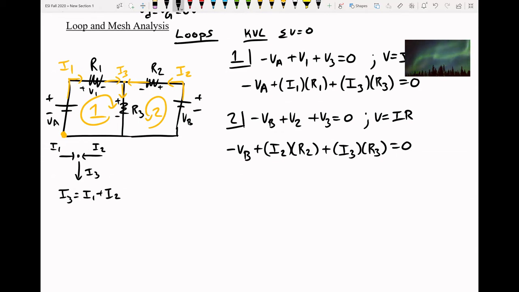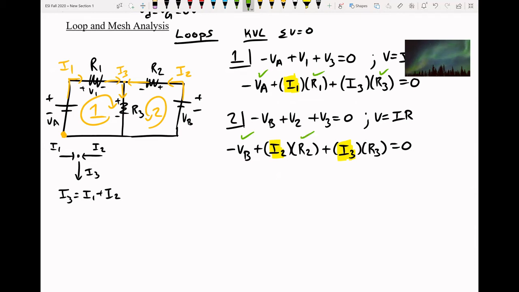All right, and we'll notice here that we have I1, I2, and I3. Those are 3 different unknowns, and you'll know what V of A, the resistances are. You'll know what V of B is.